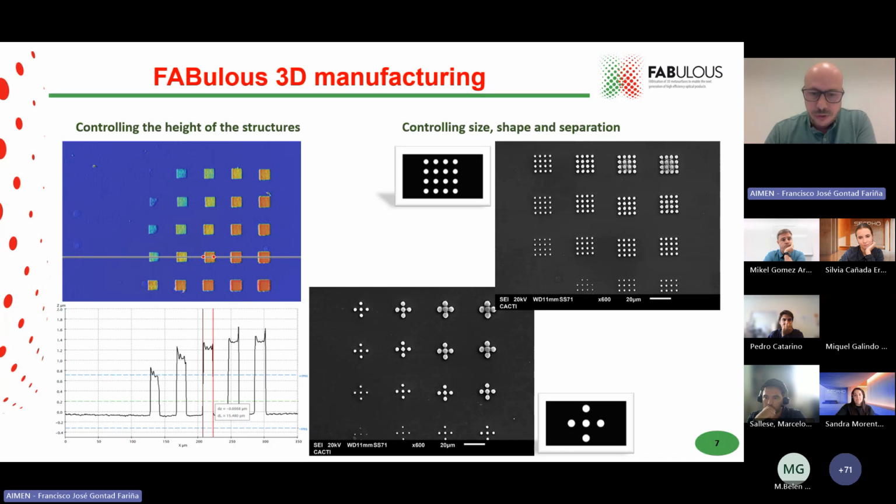Changing the diameter, controlling the diameters, and not only the diameter, but also the way they are distributed on the surface.